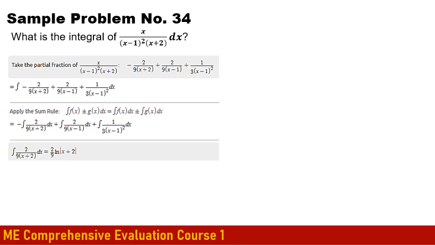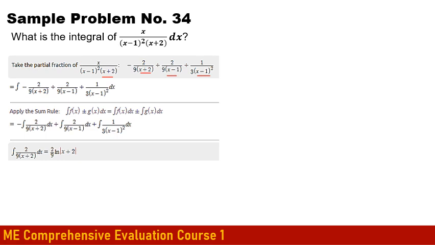If you can still recall your knowledge on partial fractions, we will have 3 terms, first the x plus 2, and then the x minus 1 and the x minus 1 squared, wherein the repeating part is repeated, but its power is increased. So the constants negative 2 over 9, positive 2 over 9, and 1/3 are derived using partial fraction decomposition.